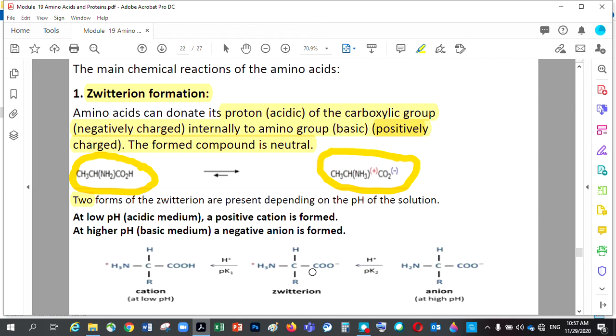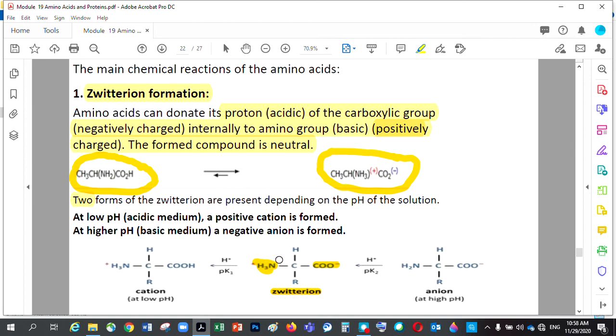This is called a zwitterion. This is our zwitterion. This is negatively charged, this is positively charged, correct? It has the carboxylic acid and the amino group. The carboxylic acid hydrogen, the proton, goes and protonates the amino group, and you get this. This is negative, this is positive.